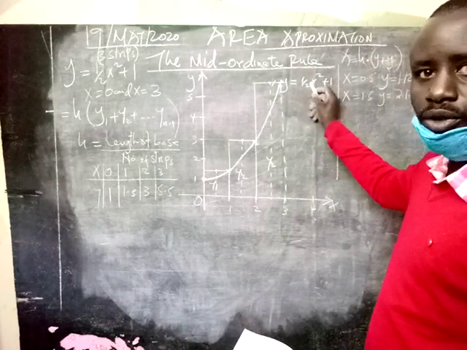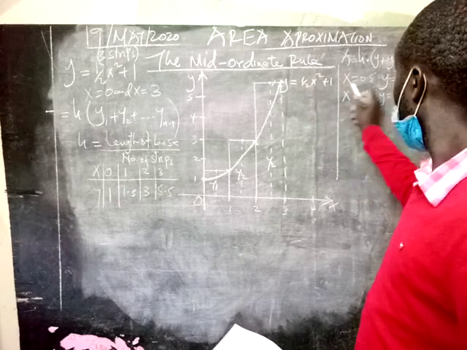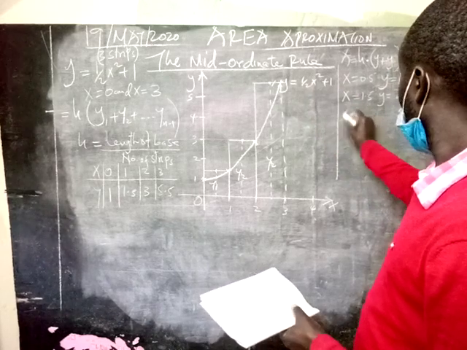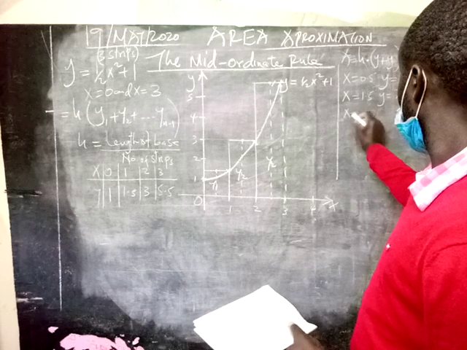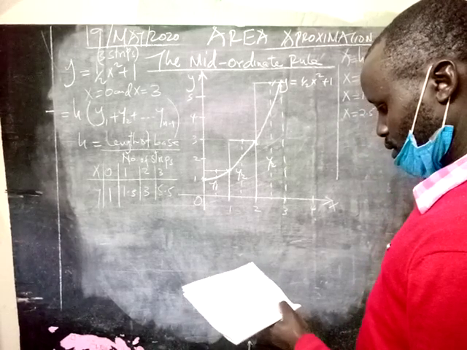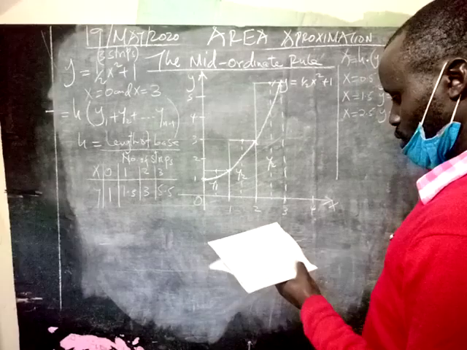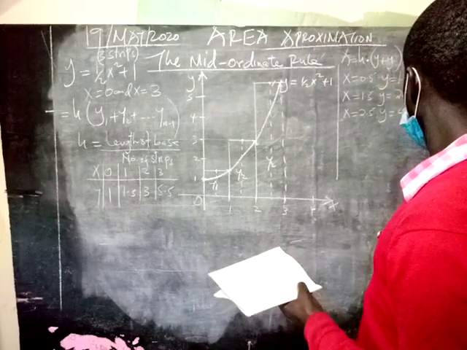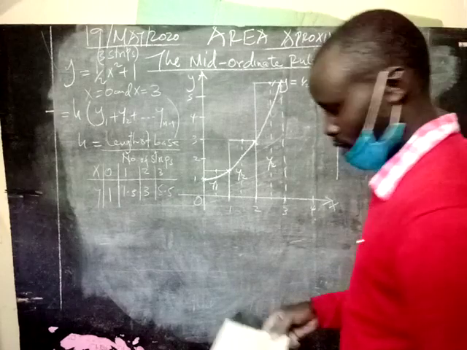Make sure you also calculate yours so that you get exactly this. When x is 2.5, we have y as 4.125.